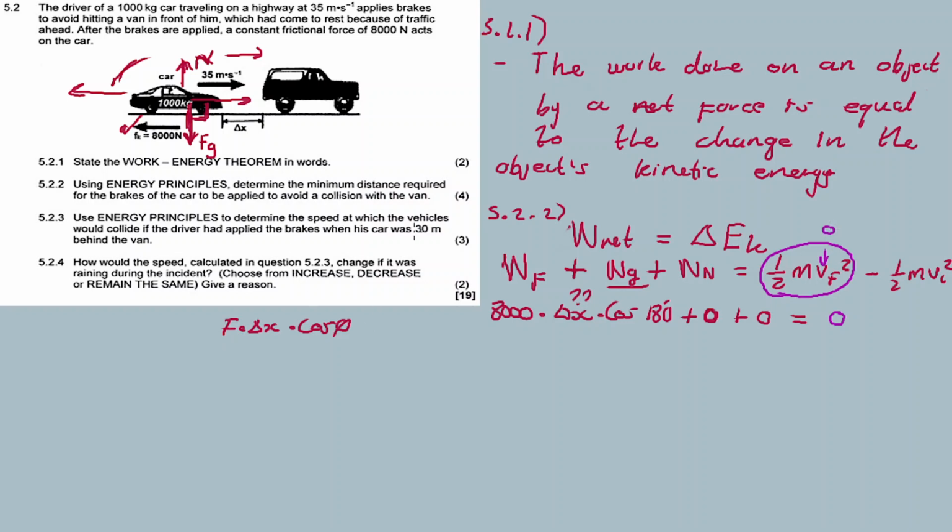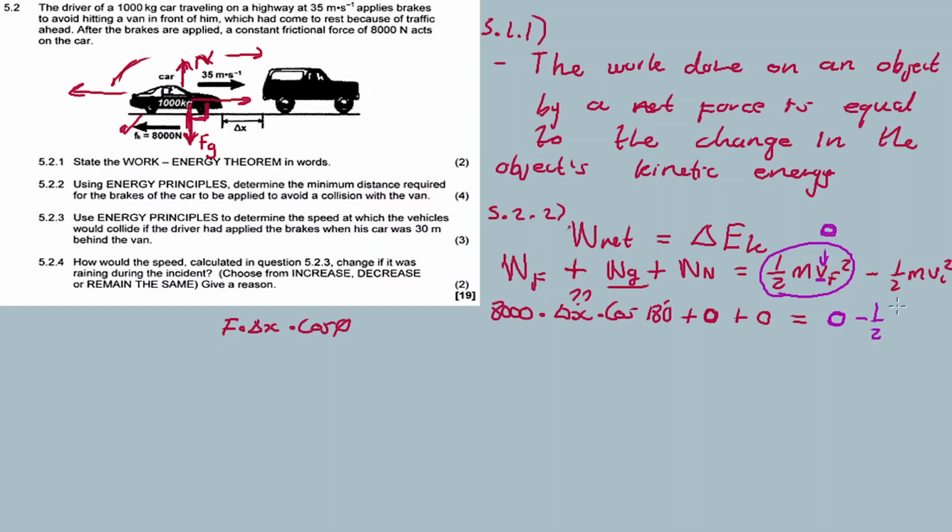I want to see the car stop, so the final velocity is 0. I want the minimum distance required for the brakes to be applied before the collision, so the final velocity is 0, and therefore the kinetic energy is also 0.